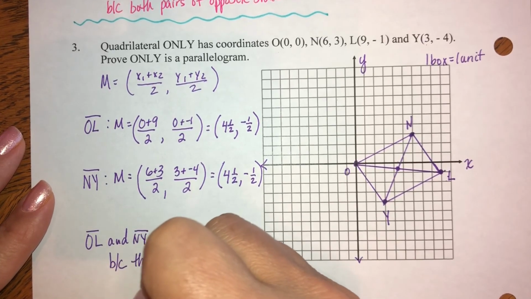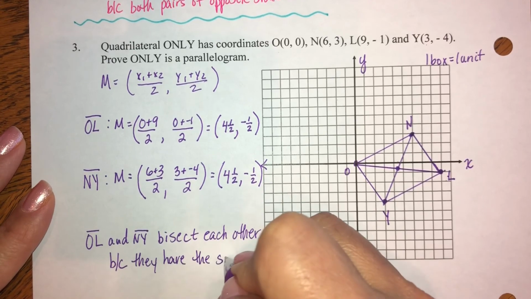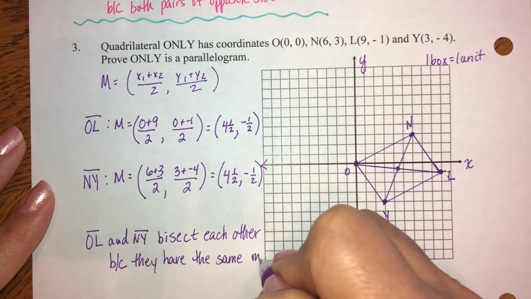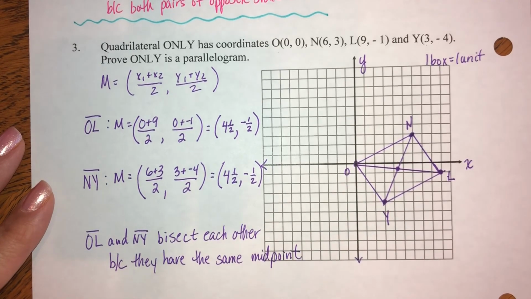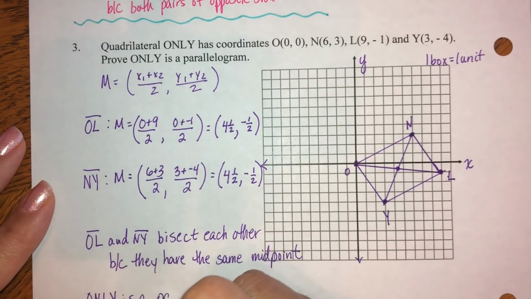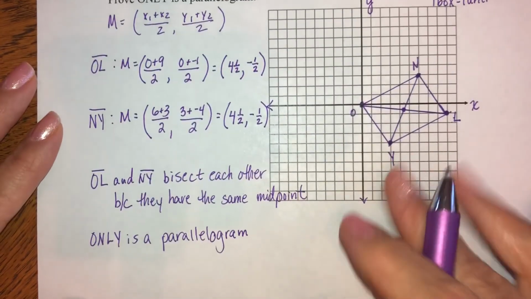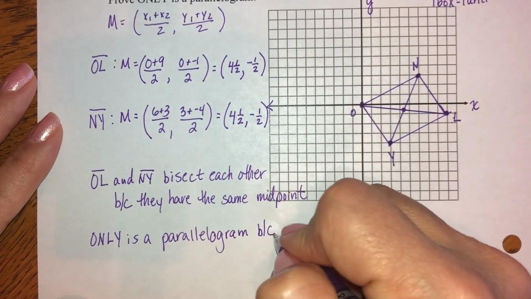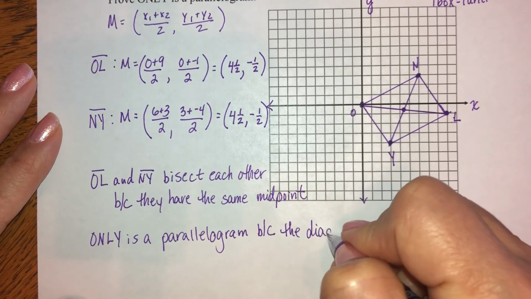Because they have the same midpoint. And then I can say that ONLY is a parallelogram because the diagonals bisect each other.